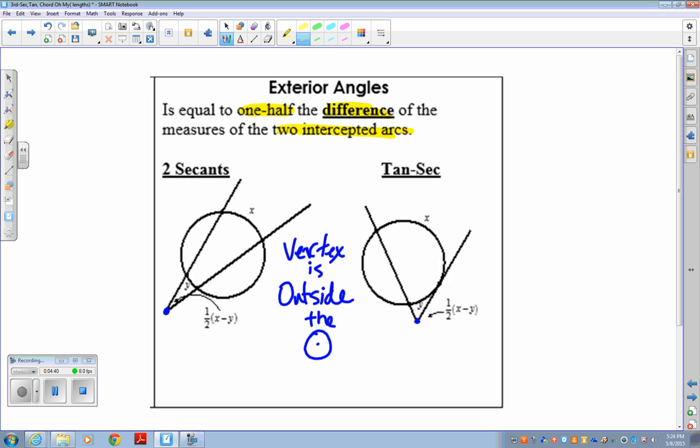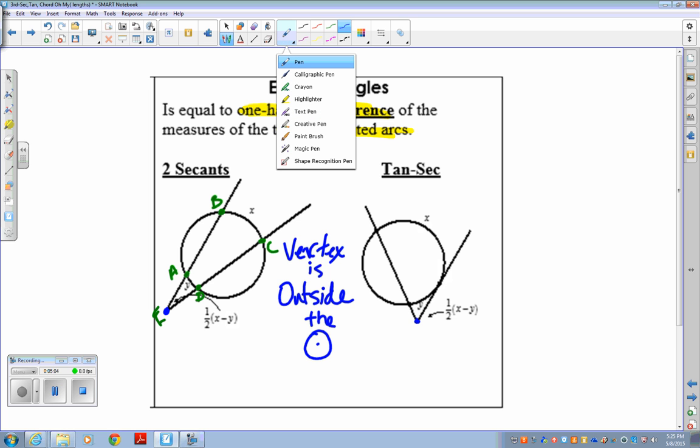Since we're doing difference, we're dealing with subtraction. So we're going to add some points of intersection here. If I wanted to label, we could say A, B, C, D, and let's put E. Now I need to identify the intercepted arcs for our exterior angle.